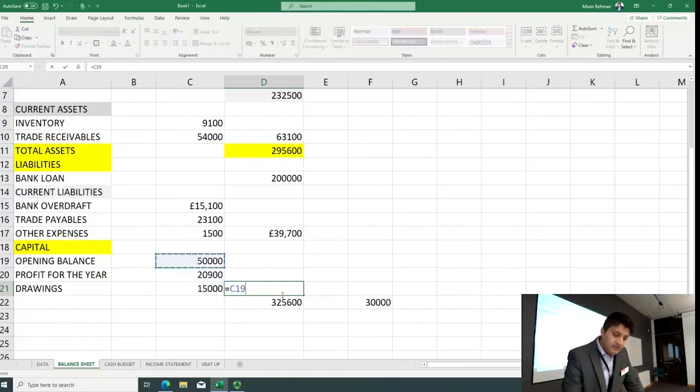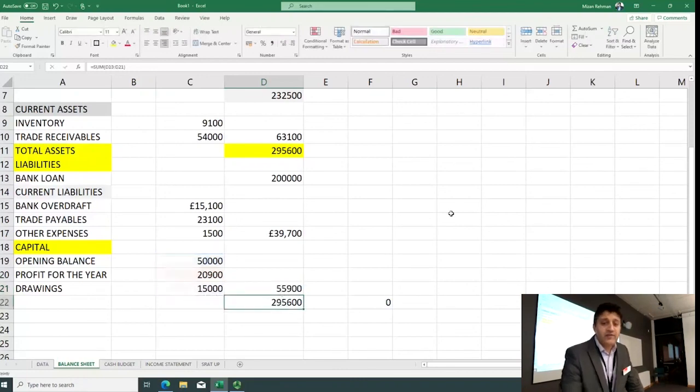Opening balance plus profit for the year minus drawings, because that's how it should be. So, thank God, it's balanced.